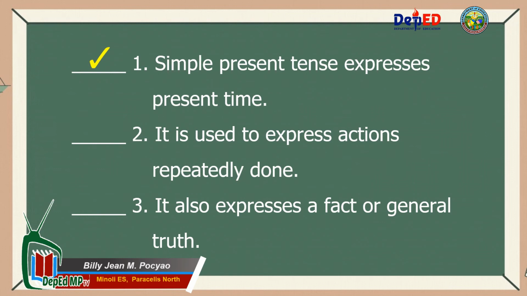Number 2. It is used to express actions repeatedly done. The correct answer is check. Number 3. It also expresses a fact or general truth. The correct answer is check.